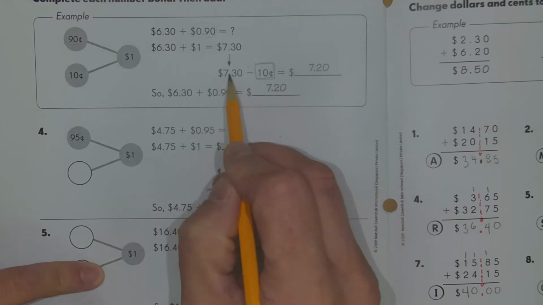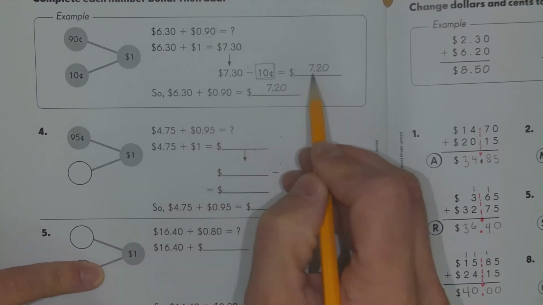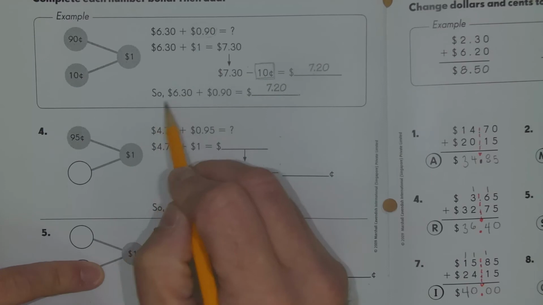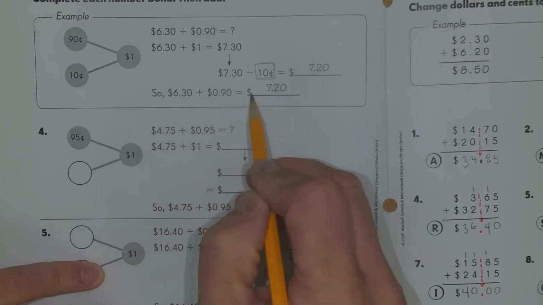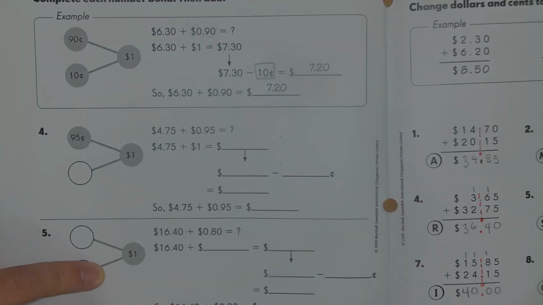So $7.30 is not my final answer. I have to take away that 10 cents, and that leaves me with $7.20. So $6.30 plus 90 cents equals $7.20. That's how they're showing you for these 3 problems.